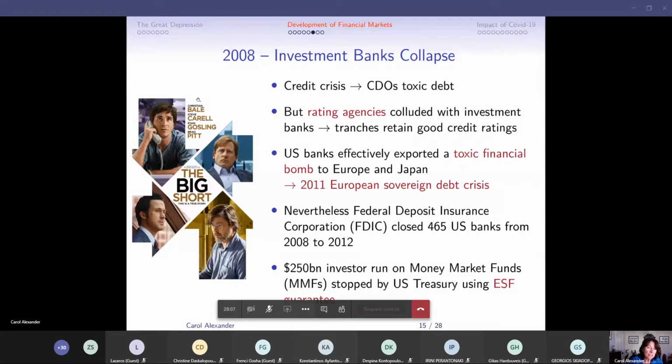Michael Burry ran a hedge fund which was entirely just paying premiums on CDSs. Naked CDSs. He didn't own the CDOs that he was buying the CDSs on, but he was making a bet on default of CDOs, and rating agencies were colluding with investment banks.